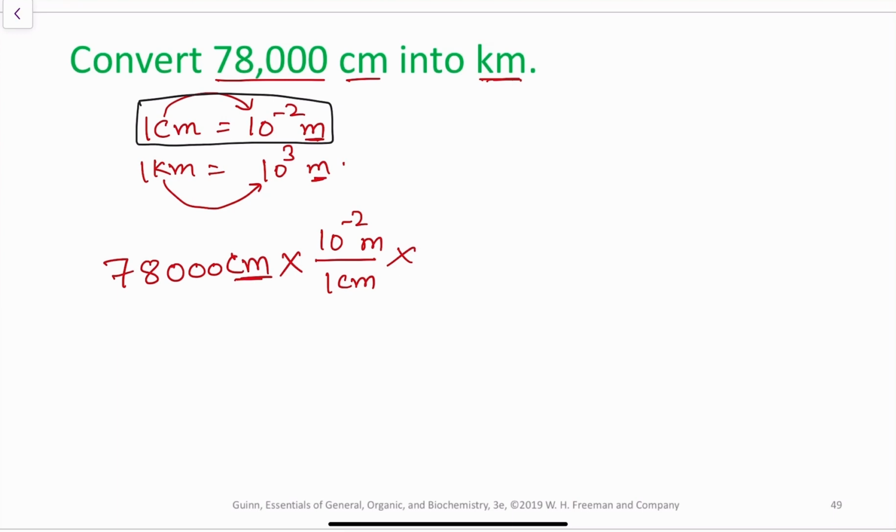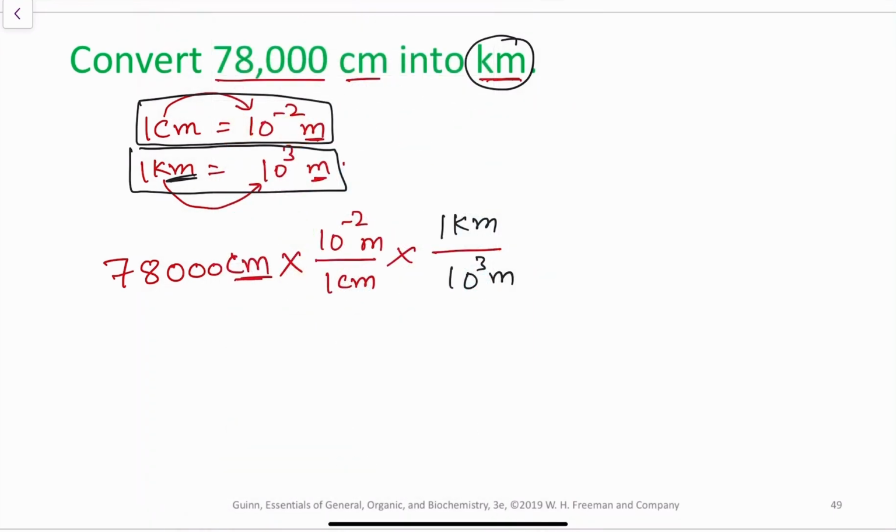Then we have the second conversion factor, which comes from 1 kilometer equals 1000 meter. So now we have a kilometer, and our answer has to have kilometer. Then 1 kilometer is on the top and 10 to the power 3 meter on the bottom. If you see carefully, centimeter cancels out, meter cancels out, so the only unit left is kilometer, and that's what we need in our final answer.